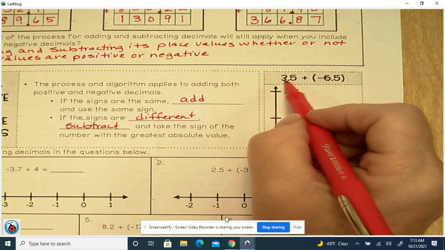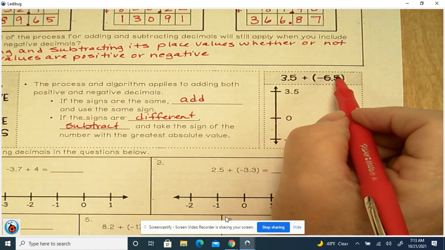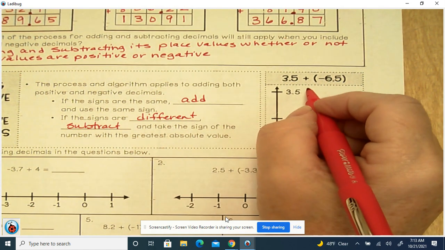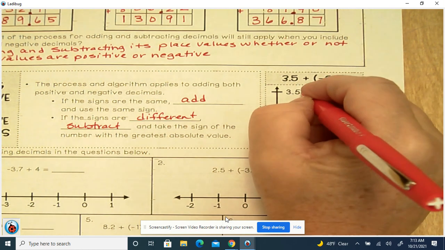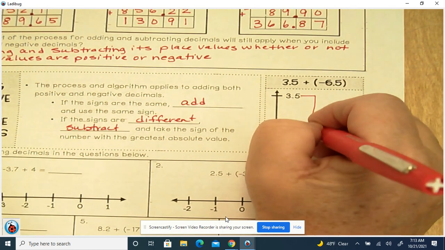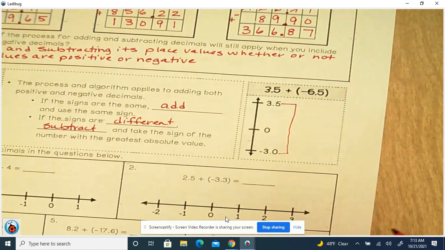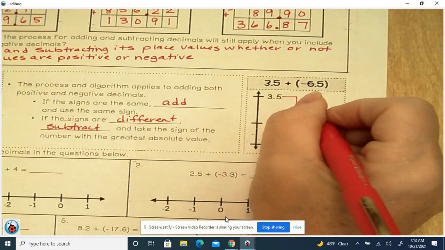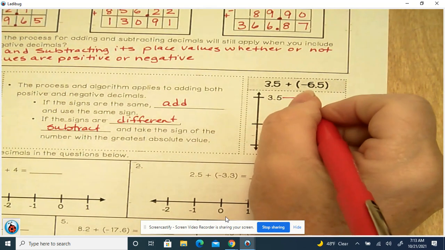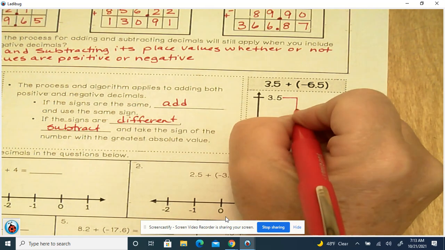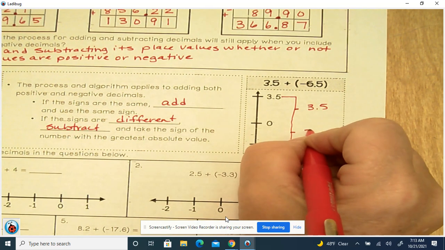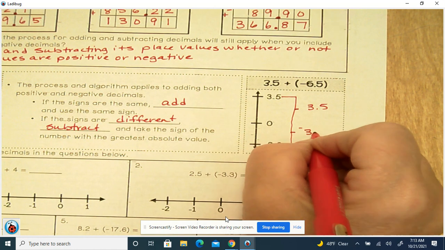So over here we did 3.5 plus a negative 6.5. So if we come here, 3.5, and subtract a negative 3.0, the difference there is 6.5. And then here is 3.5, and here is a negative 3.0.